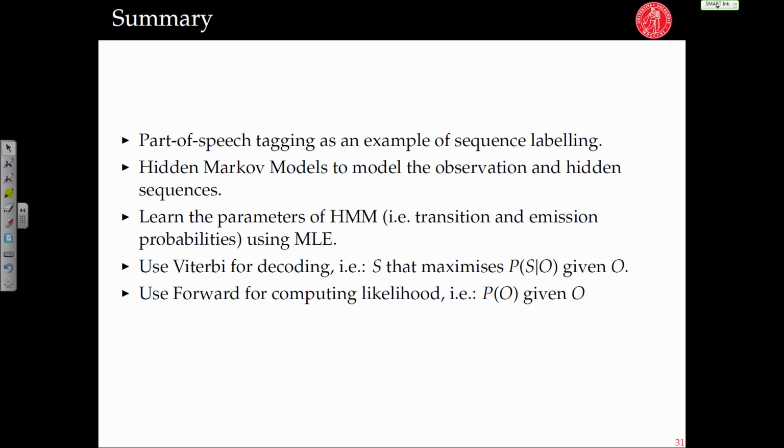So we really don't want to keep any back pointers. And for each step, we have to sum the probabilities rather than maximize. So alpha i is computed by summing the probabilities of the different ways of arriving at a state X at time point i, rather than maximizing, in contrast to Viterbi.